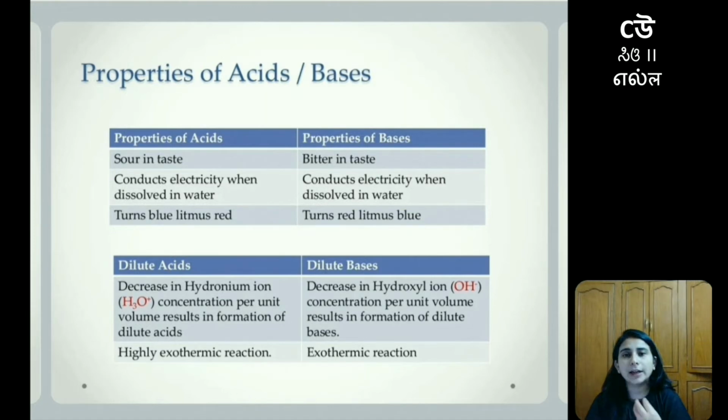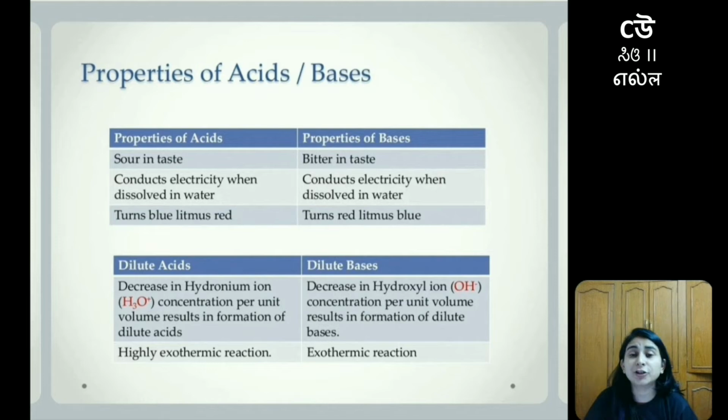If we talk about endothermic reactions, these are basically those reactions where in order to complete the chemical reaction, energy must be absorbed. For example, photosynthesis or decomposition of calcium carbonate. In case of photosynthesis, carbon dioxide gas combines with water in the presence of sunlight, that is heat energy, in order to form glucose and oxygen gas.